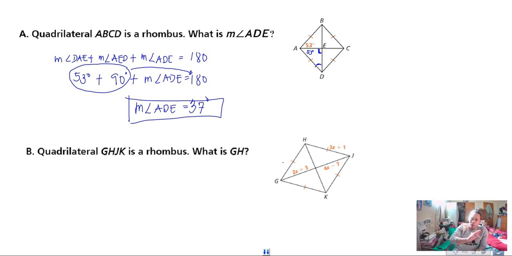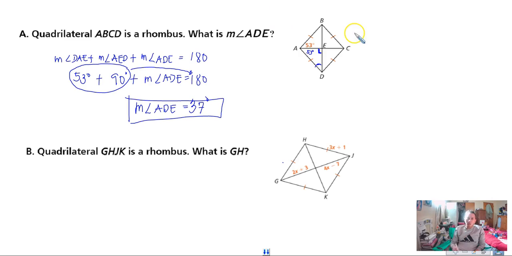Remember, there are some common errors in this example. You may incorrectly state that the measurement of ADE and the measurement of DAE are the same. Always remember the middle letter is the vertex of the triangle, so you are measuring that vertex.